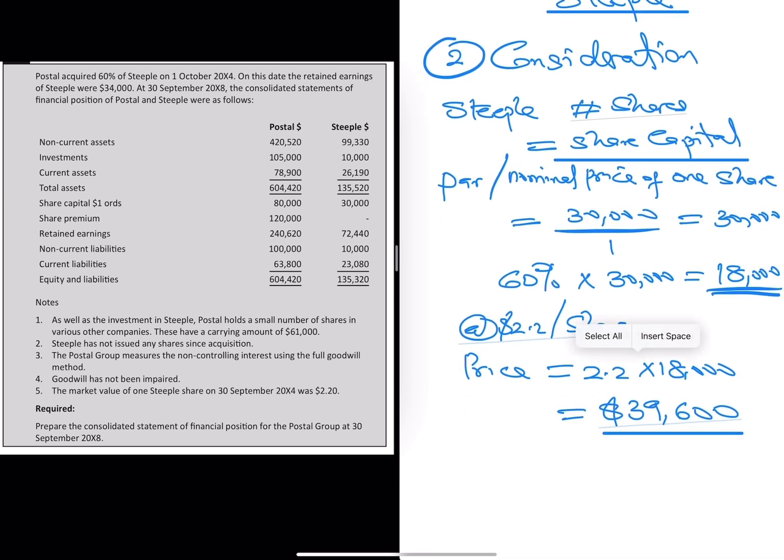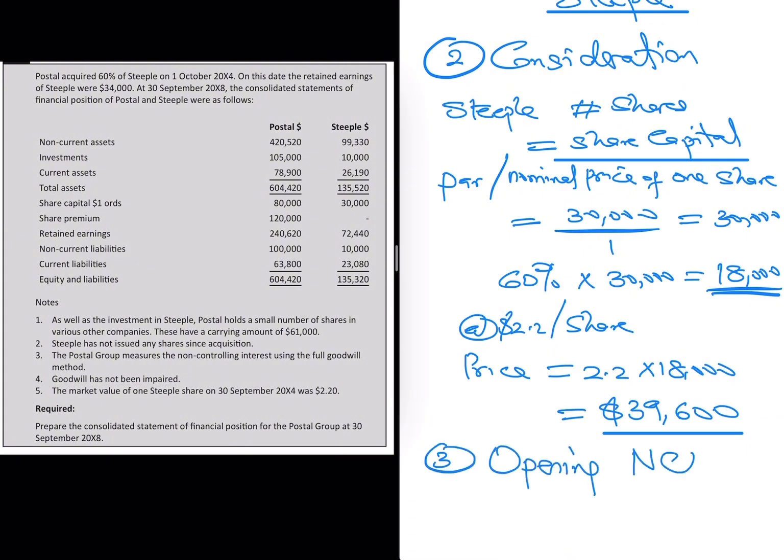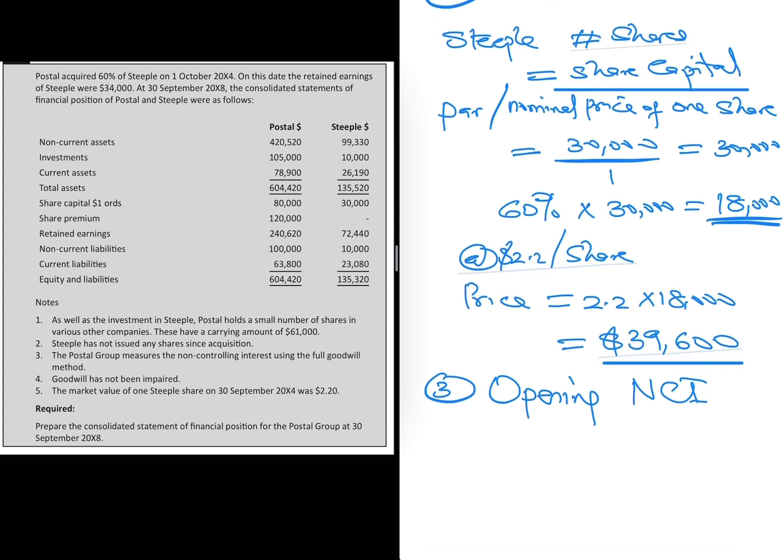Now let's move to step 3, which is opening NCI. Very easy. Remember, I said NCI is the remainder portion anytime a parent does not acquire 100% of the subsidiary. So this time around, the parent only acquired 60%, so NCI will be 40%.